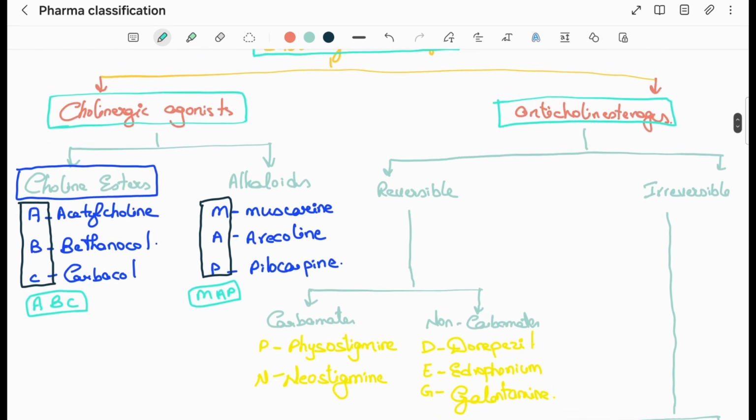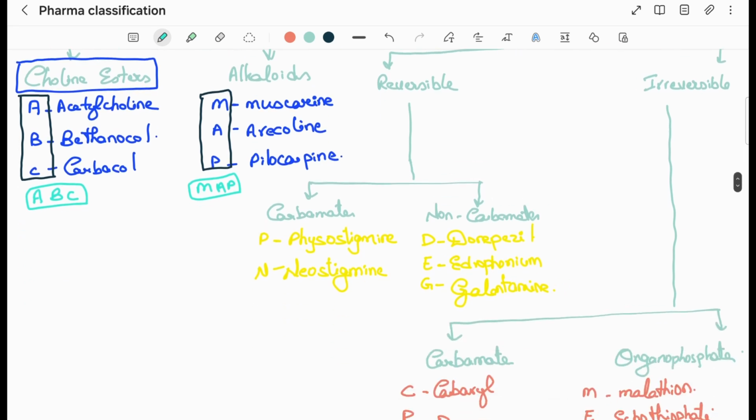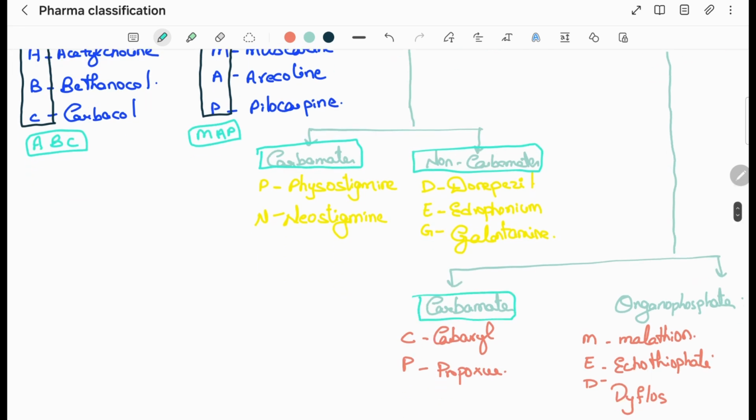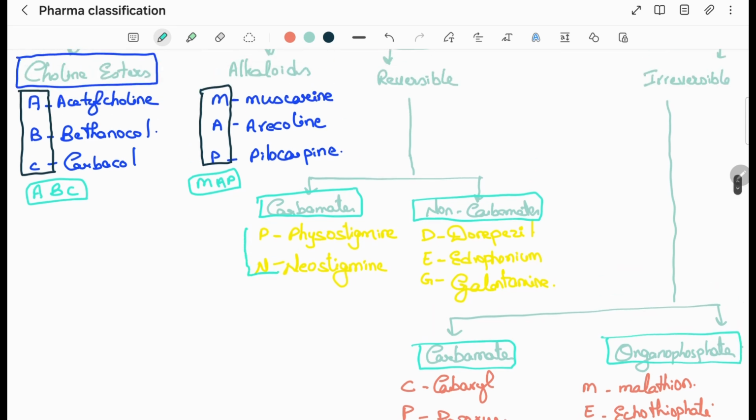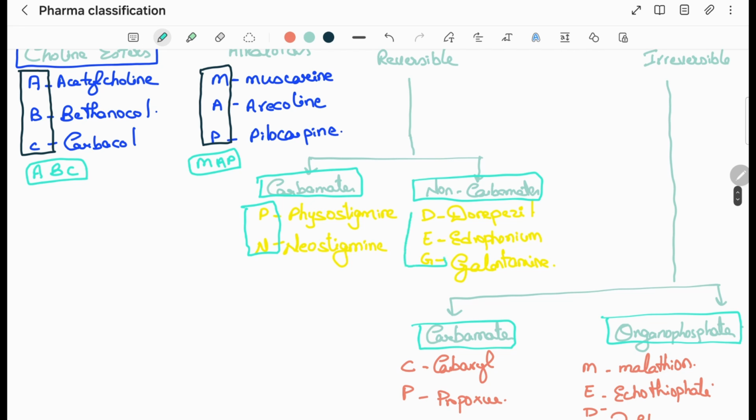Okay, and these anticholinesterases are again divided into two types. One is reversible and the other one is irreversible. Reversible and irreversible are again further divided into two types. Reversible are carbamates and non-carbamates, and irreversible is carbamates and organophosphates. These carbamates are PEN, like physostigmine and neostigmine, and non-carbamates are DEG, like donepezil, edrophonium, and galantamine.